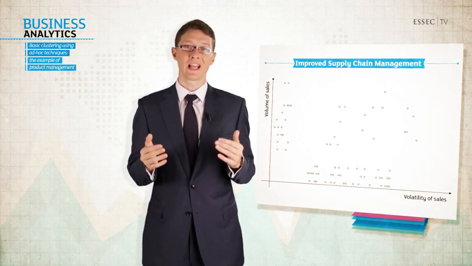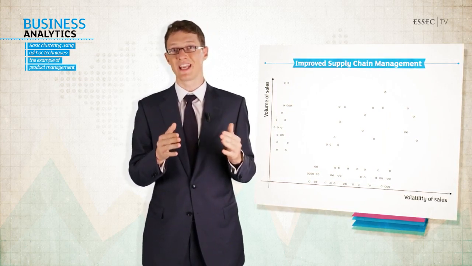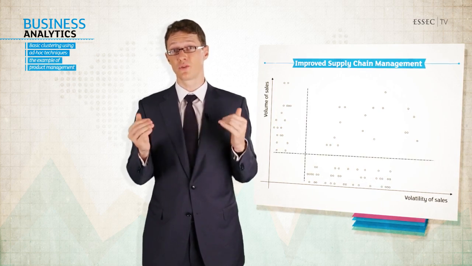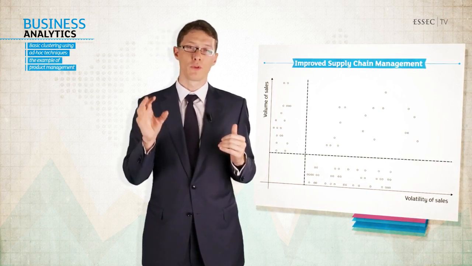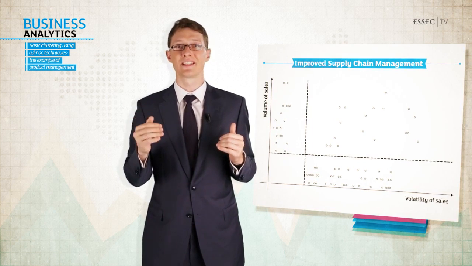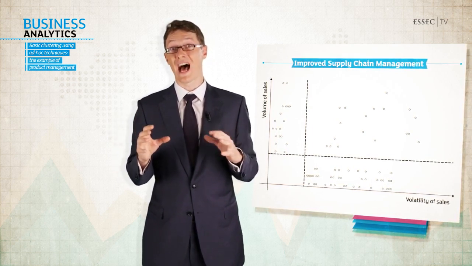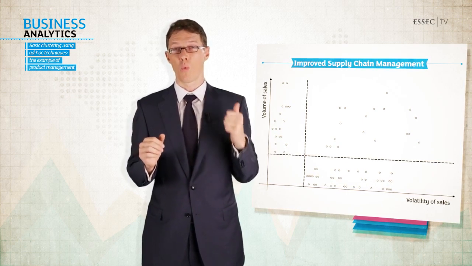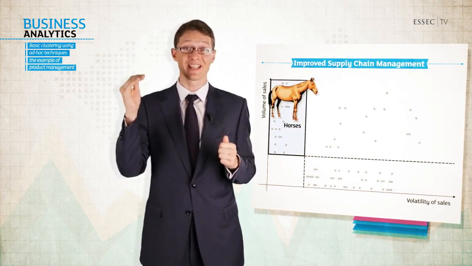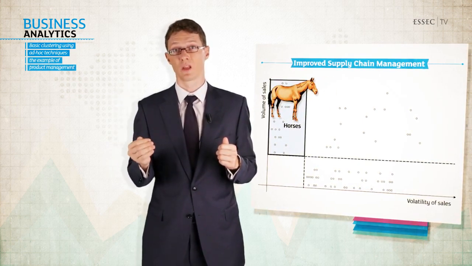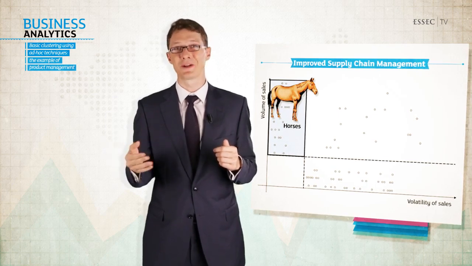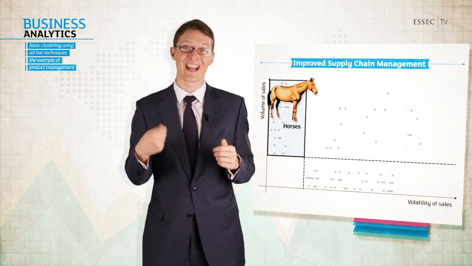For instance, we can split both the variability and the average sales dimension in two, and group the two bottom cases, that is, SKUs with smaller average sales together. We then have three cases. One, SKUs with high sales and low variability. Let's call them horses, because those products are strong and reliable.